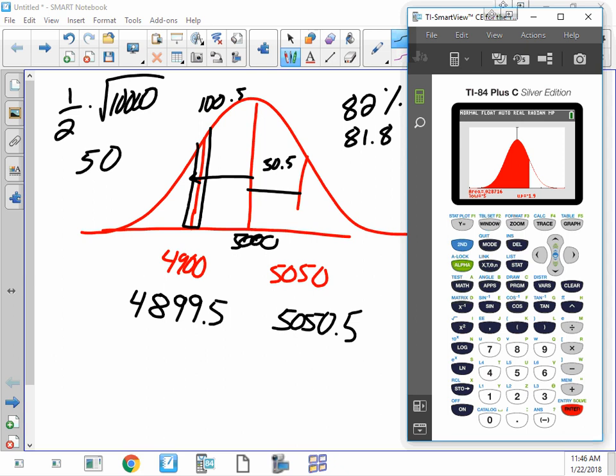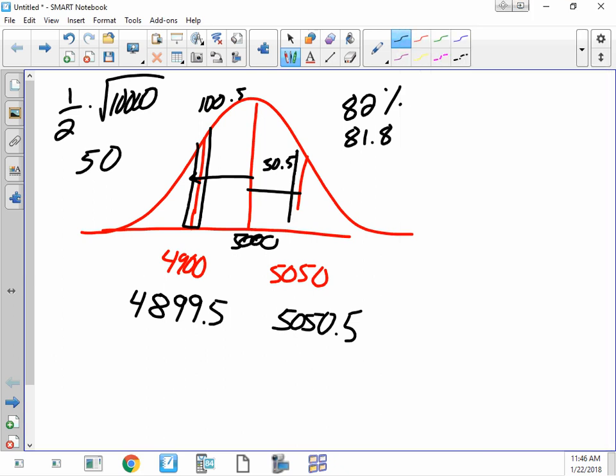Okay, 5,050 or more. So now we're going to include this number here. So that would be 5,049.5. So 49.5 divided by 50 is going to be 0.99. 0.99 to 5.